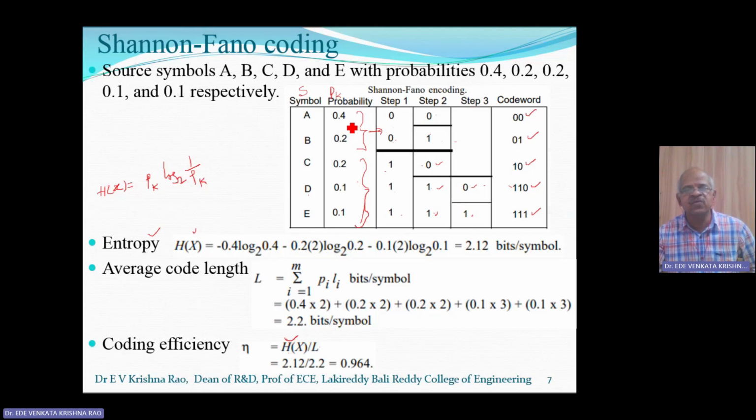So for each source symbol with their probabilities, we take the multiplication and sum over all k equal to 0 to k minus 1.